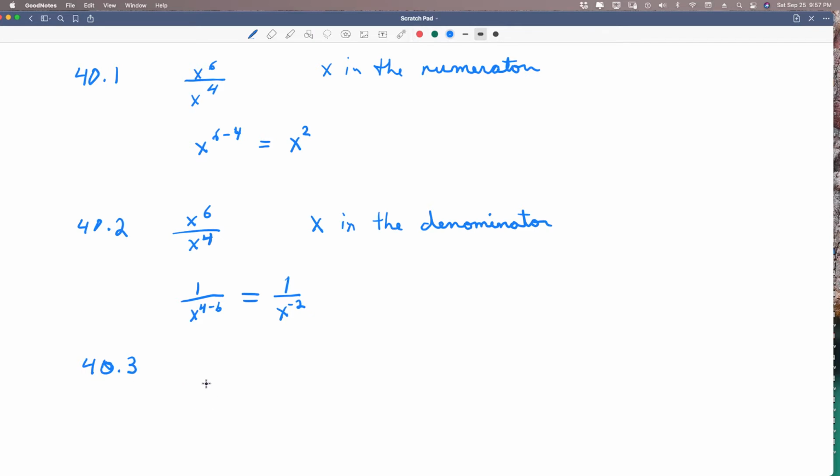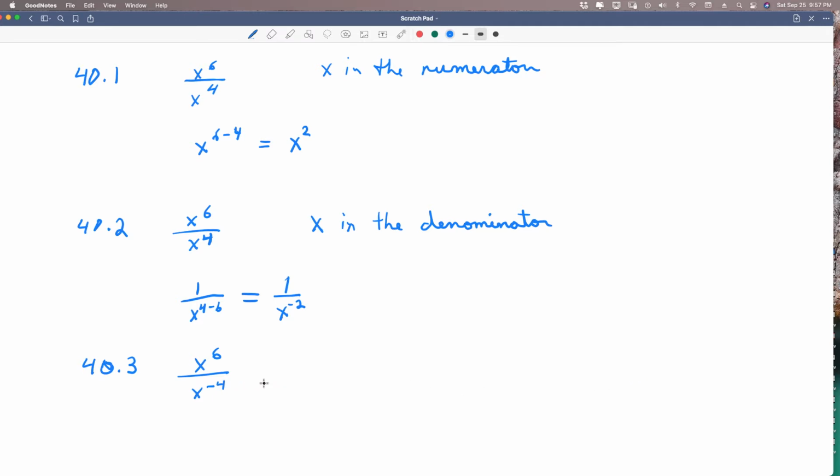In 40.3, we have x to the 6 over x to the negative 4. And we're going to work this problem twice. First, we're going to put it in the numerator, and then we're going to put it in the denominator.